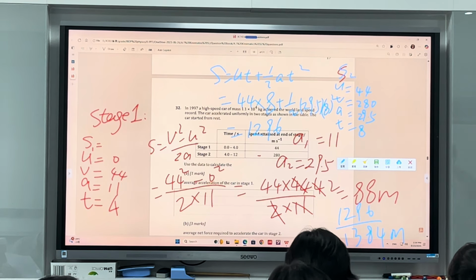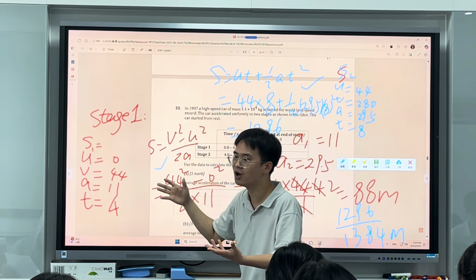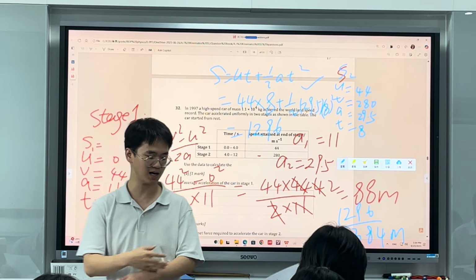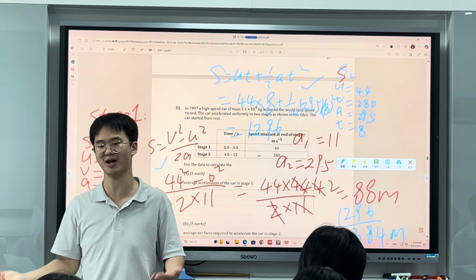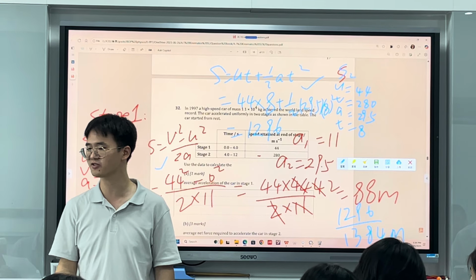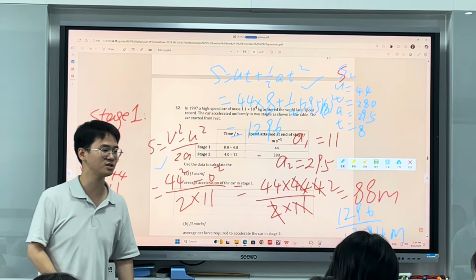So instead of directly just putting numbers there, you need to show the equation so that I know how you solved it, right? I know that you understand it. Otherwise, if you got the answer correct, you only get 1 point for the final answer. If you got the final answer wrong, you got nothing. Any other questions to talk about?